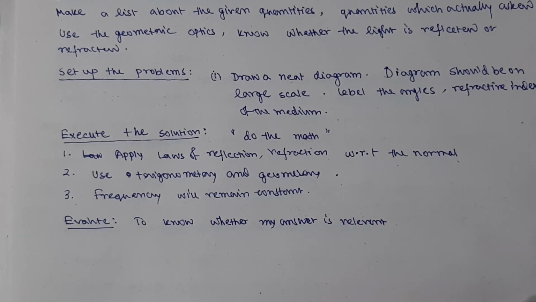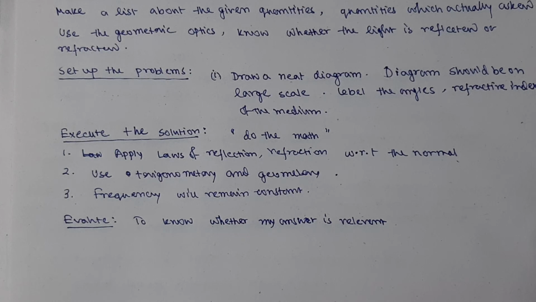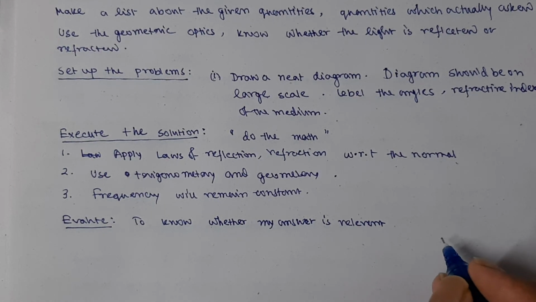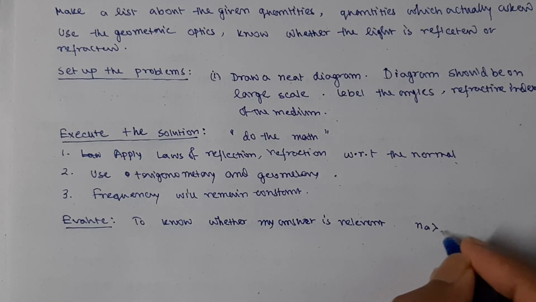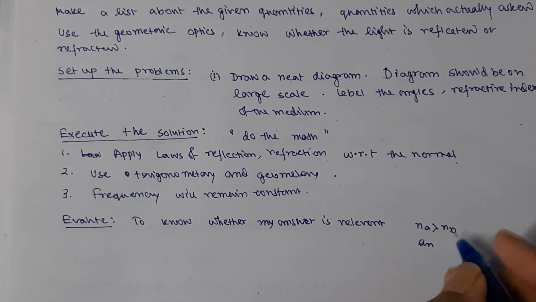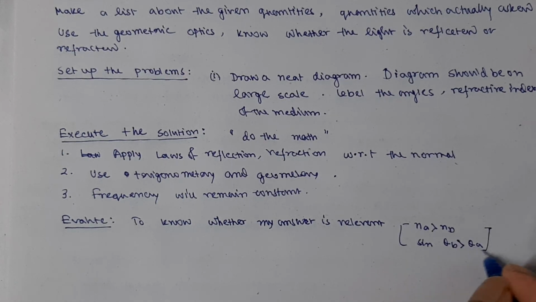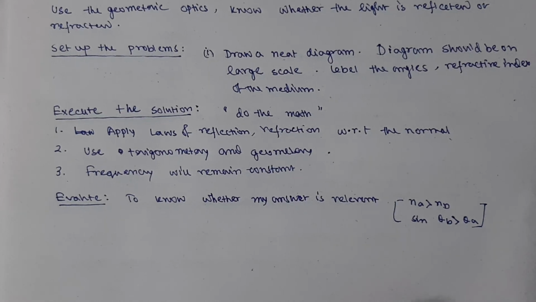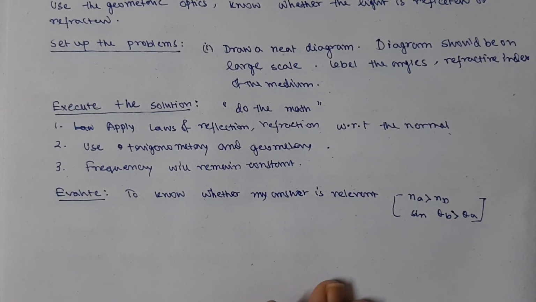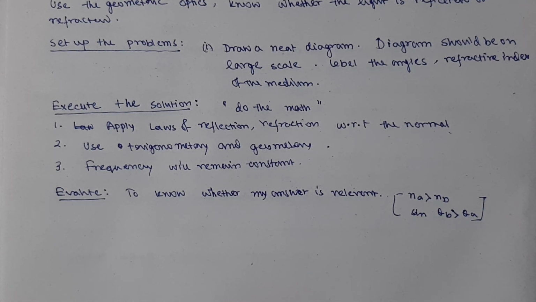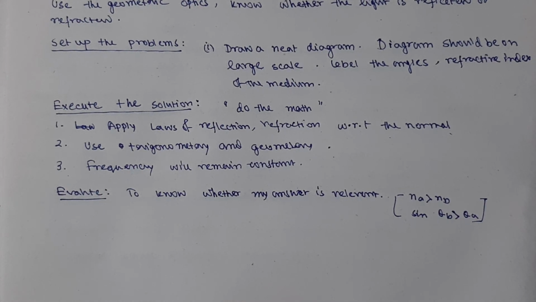Sometimes the angle will be so large that it doesn't make sense, so we have to evaluate the problem. We also note that if the refractive index na is greater than nb, then theta b is greater than theta a. So in this section we also check whether our answer is correct or not.